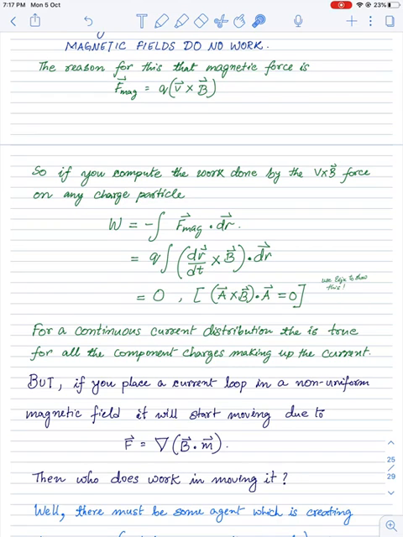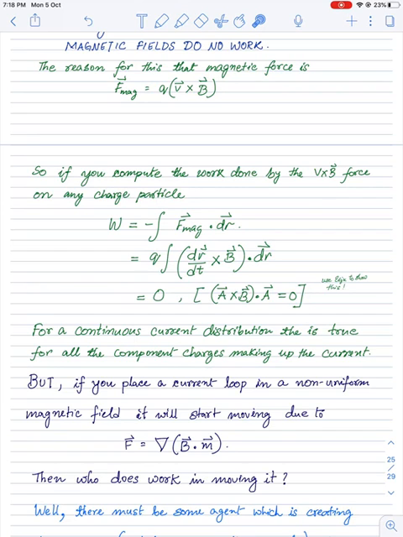So let's say we put a current carrying loop with a non-zero magnetic moment in a non-uniform magnetic field. It experiences a force, and this force makes it move, and the work for this motion is done by, let's say, the battery, which forces the current to flow through this loop and thus gives it a non-zero magnetic moment.